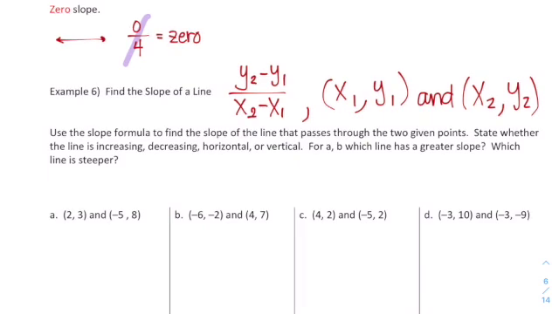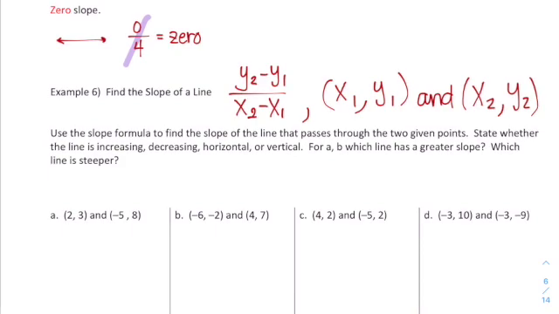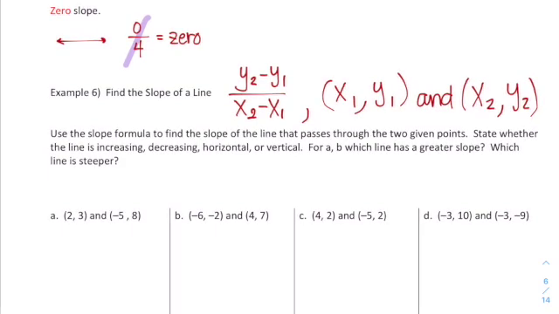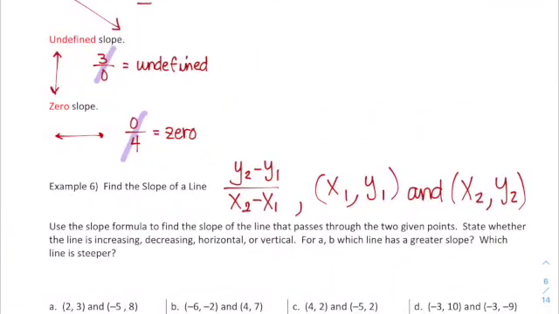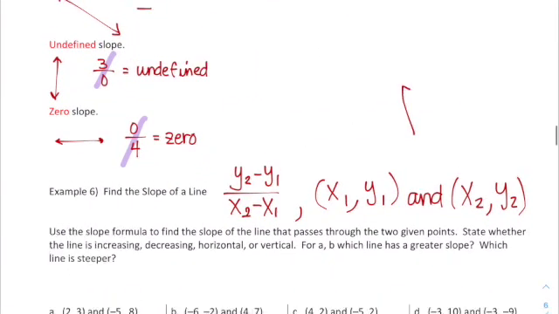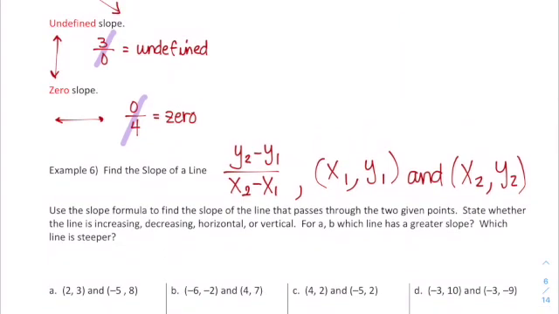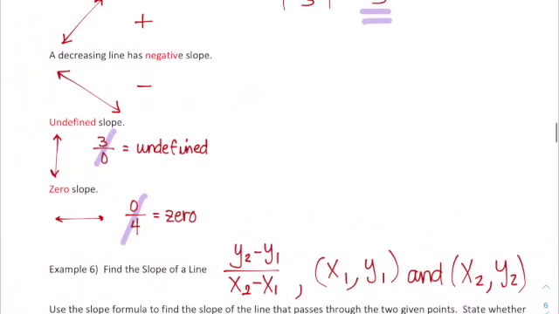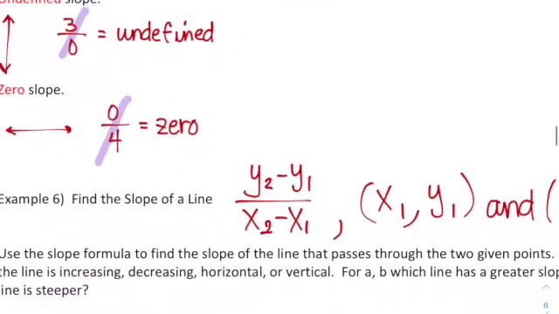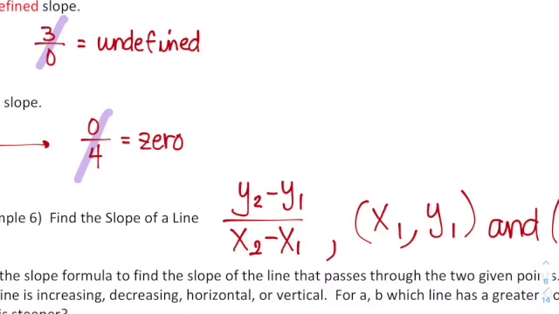And for A and B, which line has the greater slope? Which one is steeper? Going back to here, we should add a couple of things to the notes: this is going to be horizontal, and this is going to be vertical.